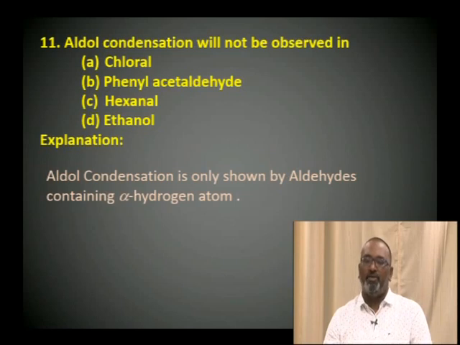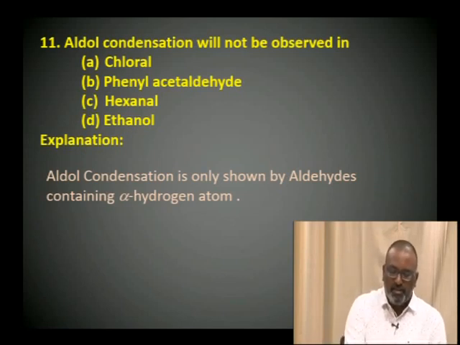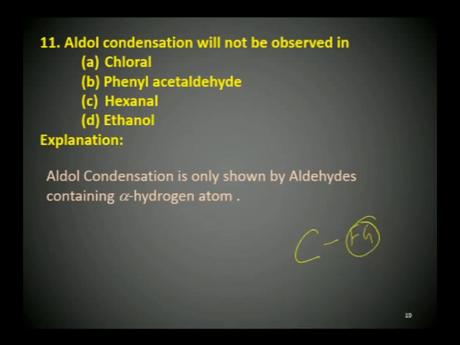What do you mean by alpha hydrogen? Before that, let us remember what an alpha hydrogen is and where it is present. Any carbon atom which is bonded with a functional group is called an alpha carbon atom, and this functional group must be a primary functional group.